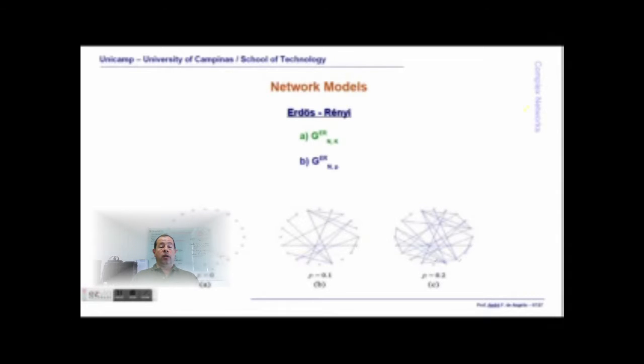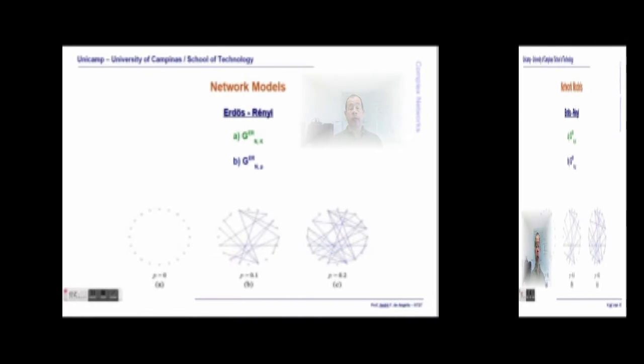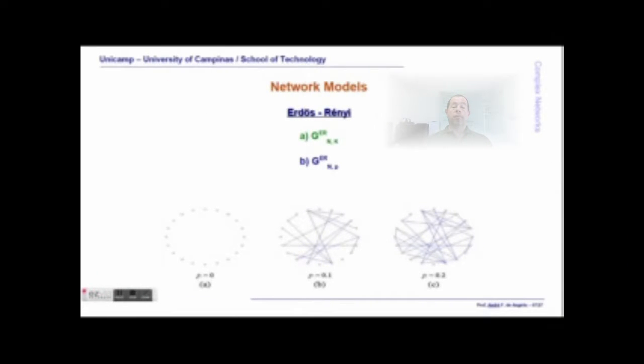In the second case, we start with the number of nodes we want and the probability of the connection among the nodes in the network. It is only a matter of preference or suitability for a certain problem, because at the end we will reach similar objects.